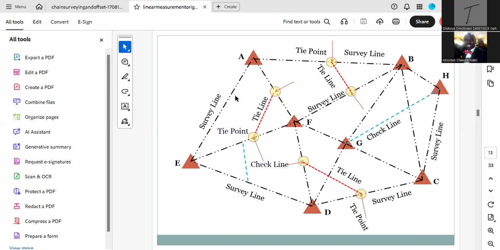It is to locate details or features within the said property. The features may be buildings or fences or ponds or trees. So that is what we use the subsidiary station or tie station for, to locate the interior details within the said property.